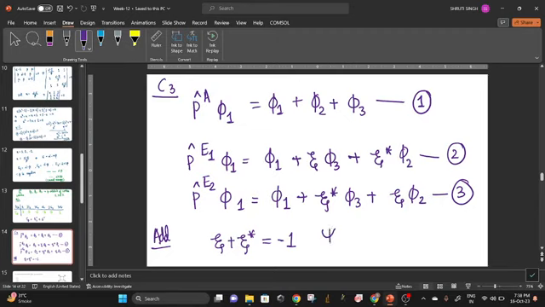Let me write, linear combination E1 dash will be equal to phi1 minus phi2, 2 phi1 minus phi2, phi1 plus phi2.